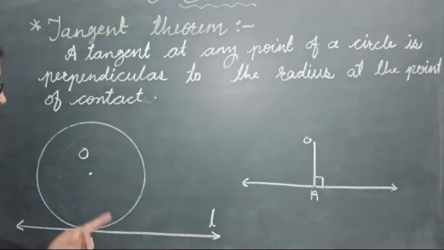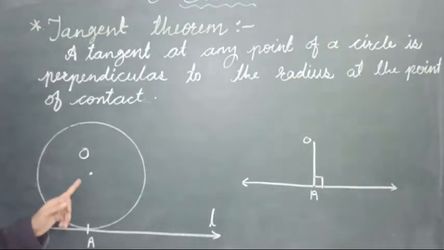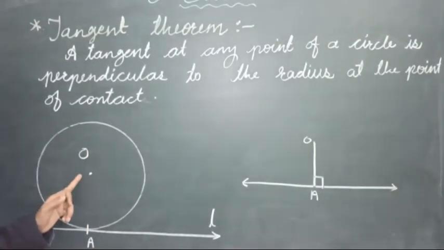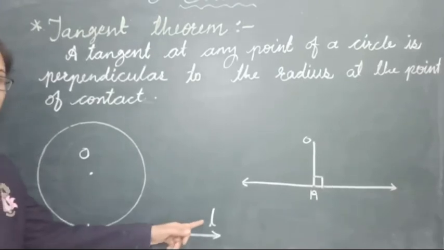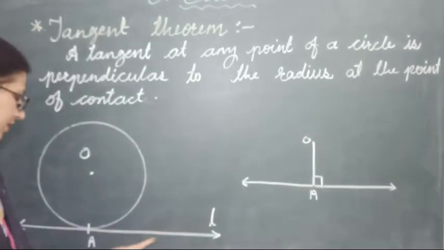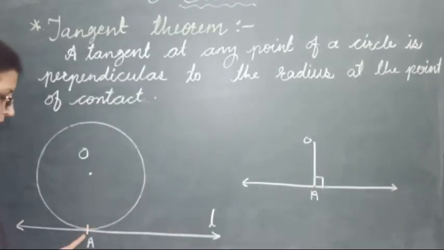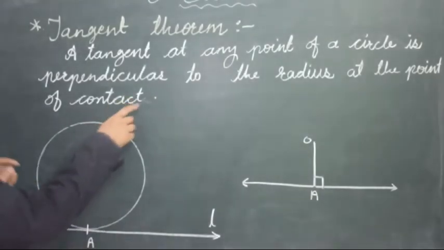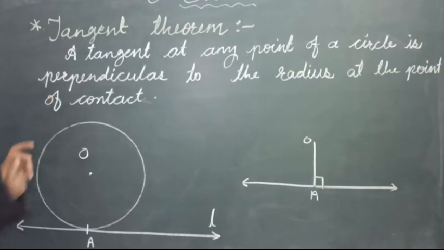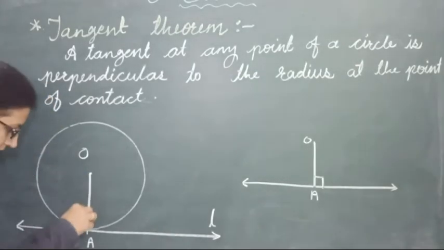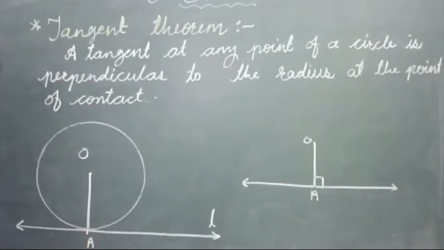It means that here there is a circle with a center O and it has a tangent line L touching the circle at point A. So point A is the point of contact. According to the statement, we have to show that this line L is perpendicular to the radius OA.